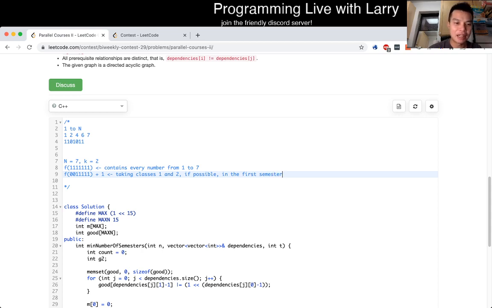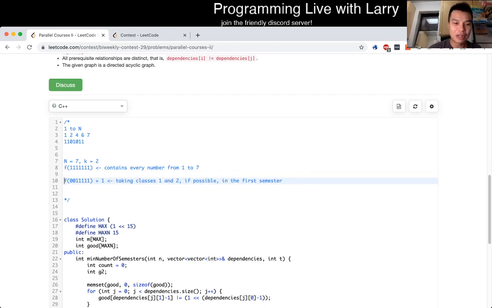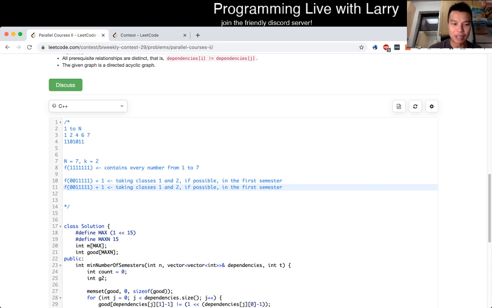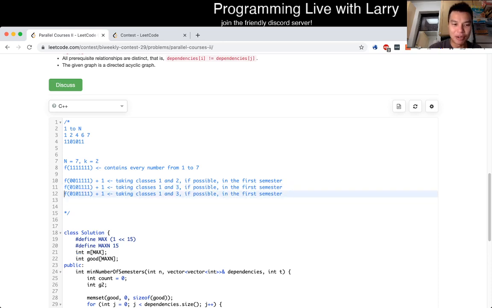Or you can also take maybe classes 1 and 3, a little copy and paste, a little bit lazy, and then maybe 1 and 4, right? But again, this is only if it's possible.